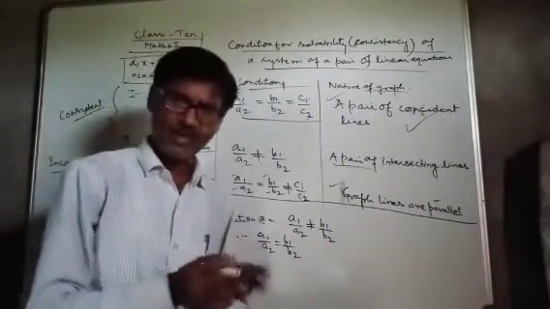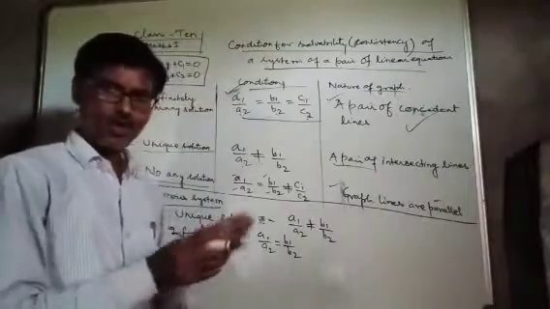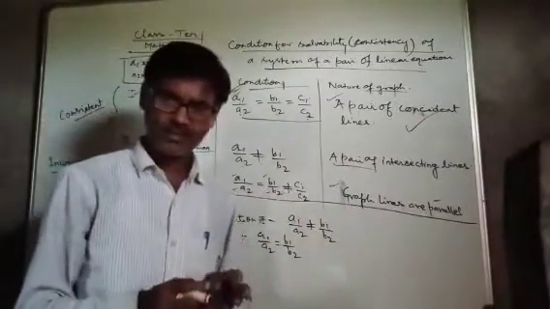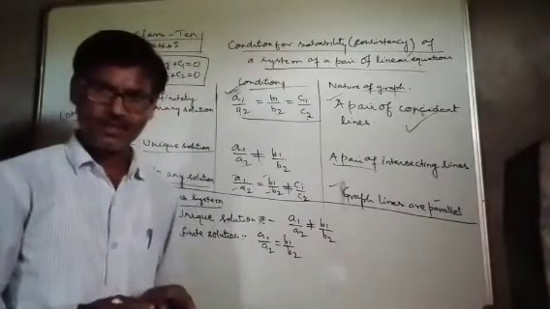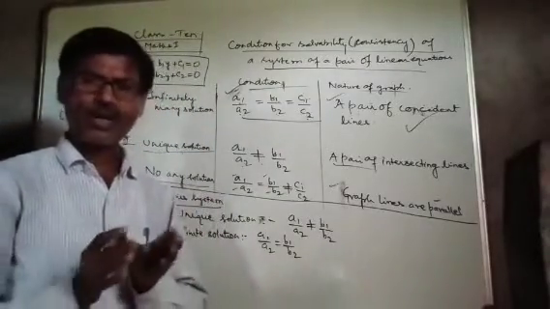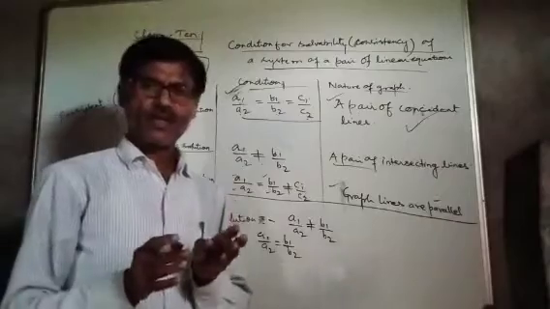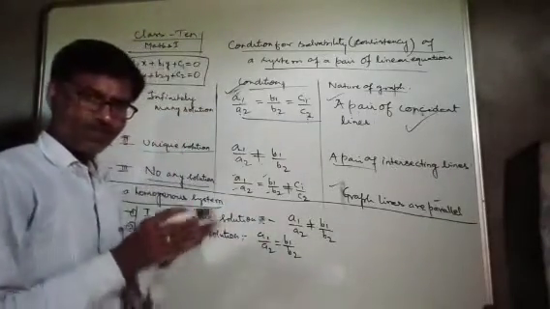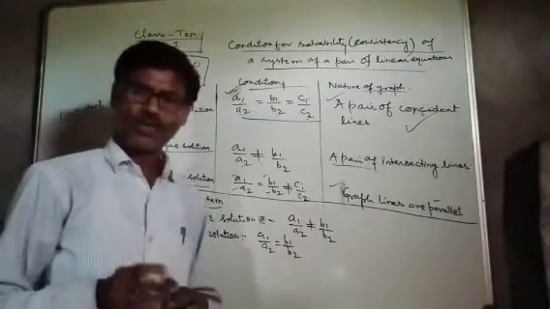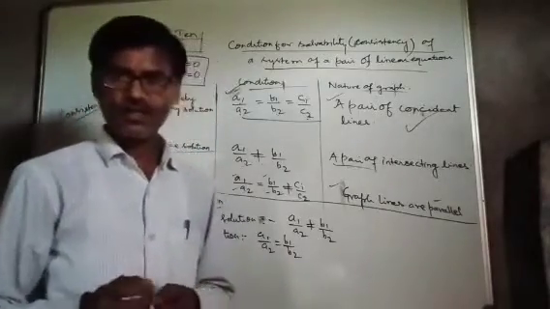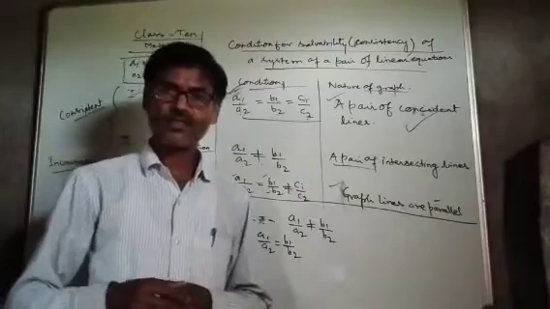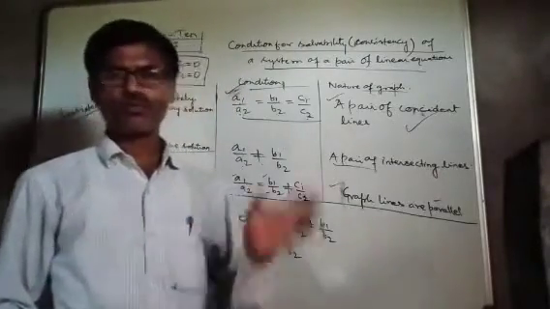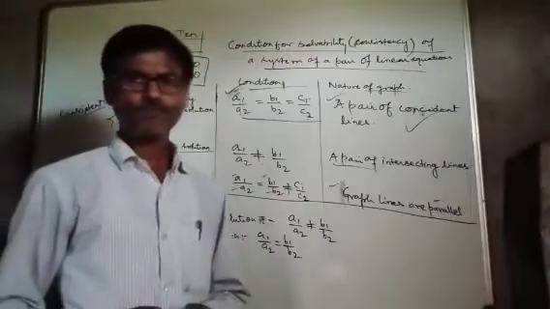Two parallel lines we get on representing such a pair of linear equations graphically. Okay, two parallel lines do not have any point in common. Hence, if the graph of a pair of linear equations in two variables are parallel lines, then such a pair of equations has no common solution. Okay.